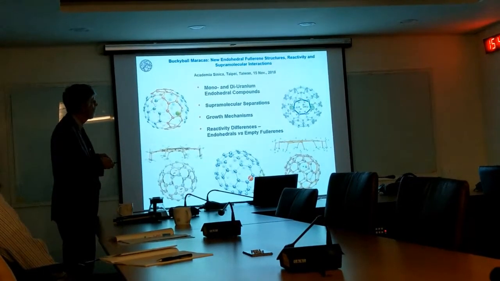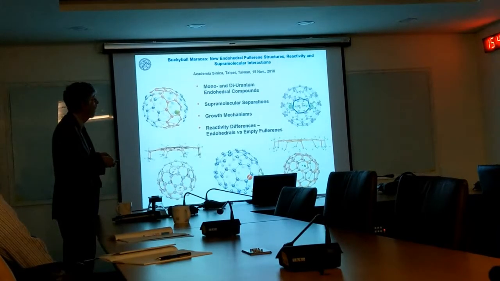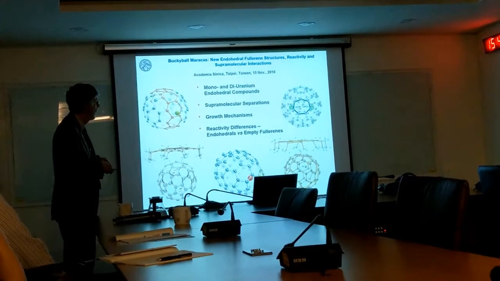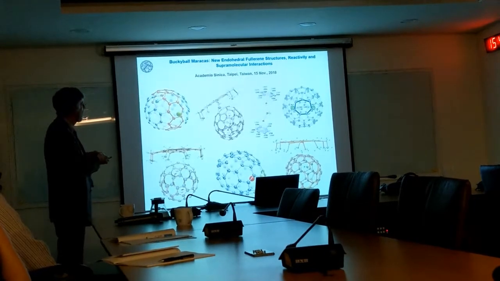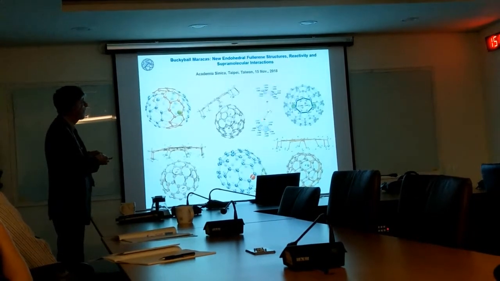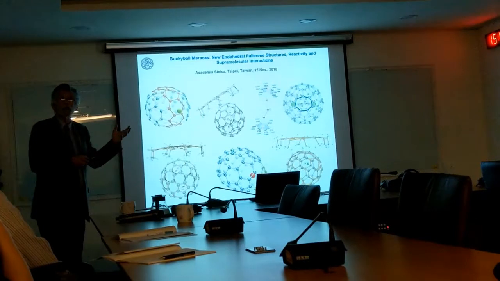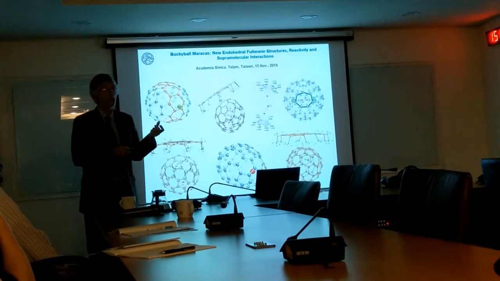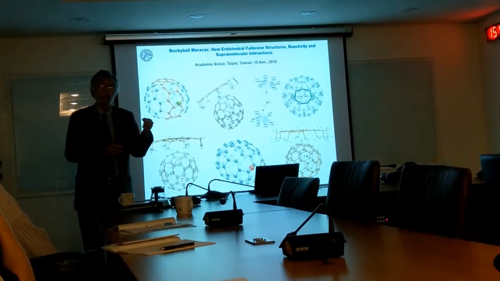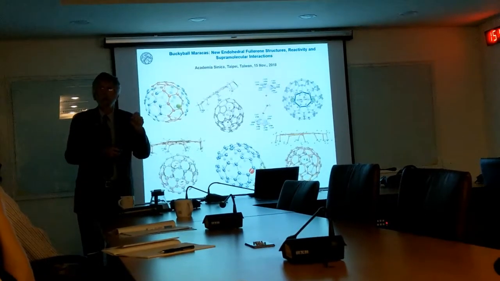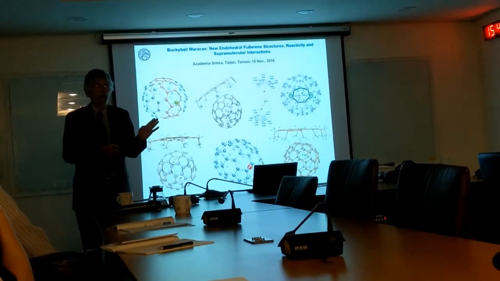It can be more than one atom, like in this case there are 4 atoms, 2 carbons and 2 scandiums, or in the case that I showed you before, here, you actually see 2 uraniums and a carbon. I'm going to be telling you the whole story, and I'm going to try to convince you that these stories are actually interesting and very important from a very fundamental point of view. This is very fundamental chemistry, okay?